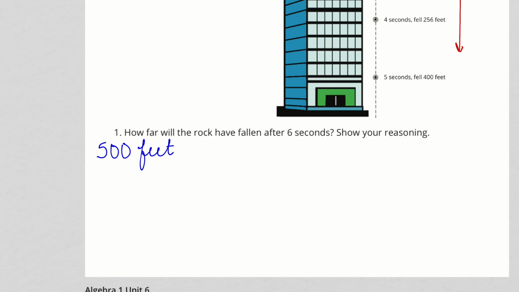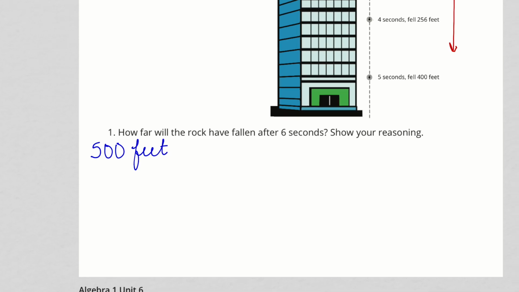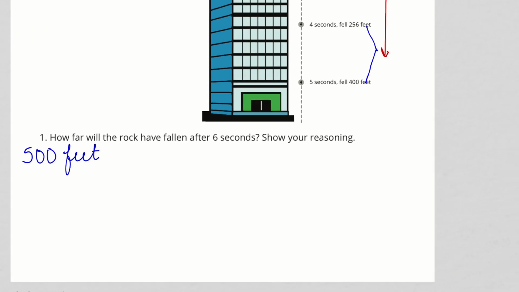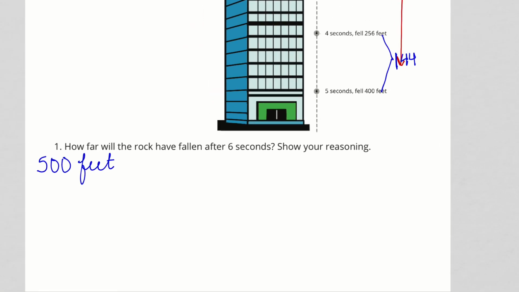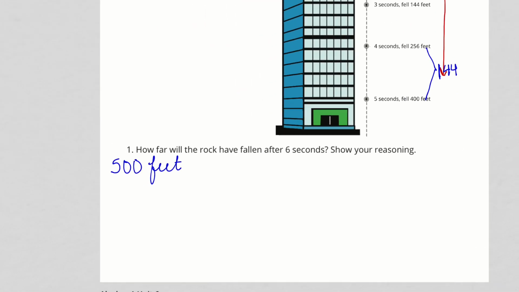Okay. So if we subtract how many feet they were here, 400 minus 256, it should be like 144. So if there's only 100 feet left, it's definitely going to hit the ground in that next second, right?